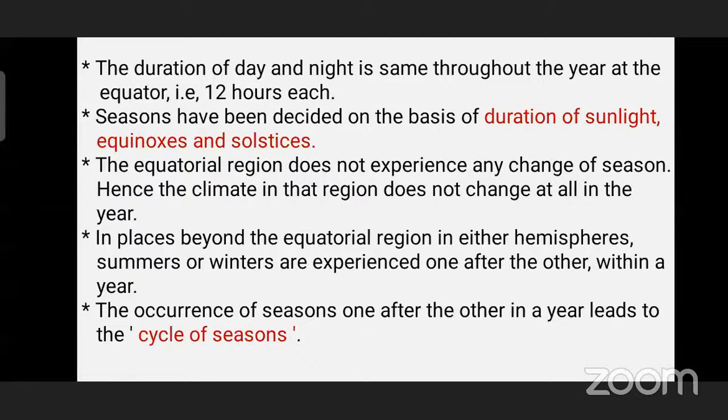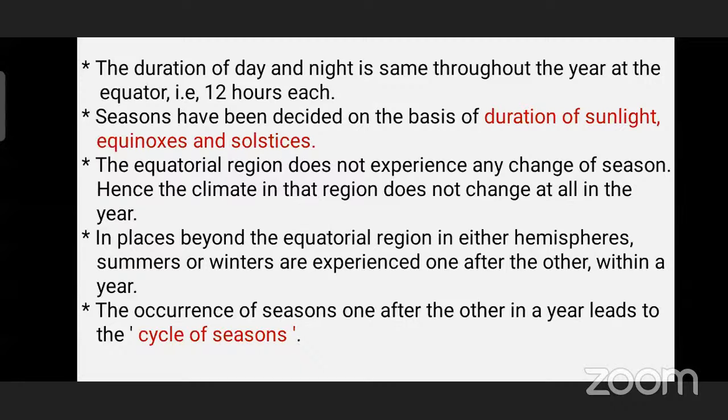But in places beyond the equator and below the equator, what happens students? In places beyond the equatorial region in either hemisphere, summers or winters are experienced one after the other within a year. So this region receives more sunlight or less sunlight, and because of that, the seasons change.